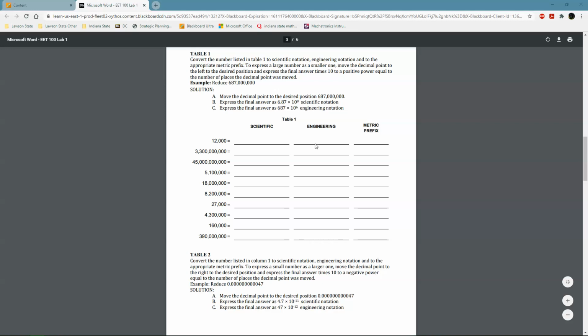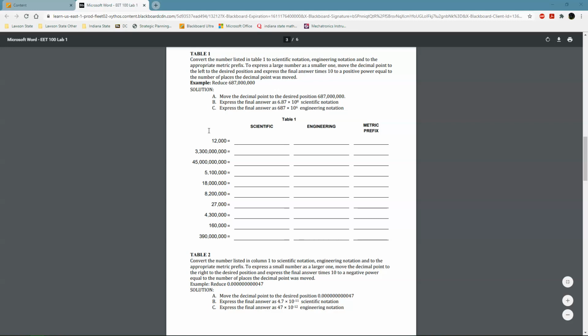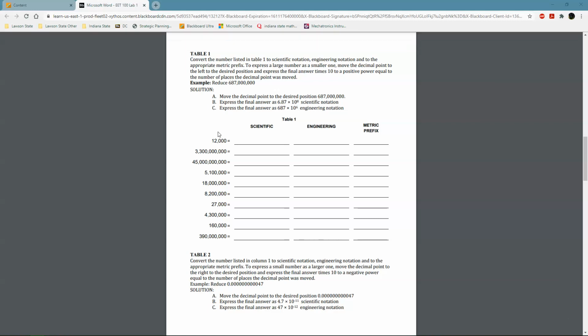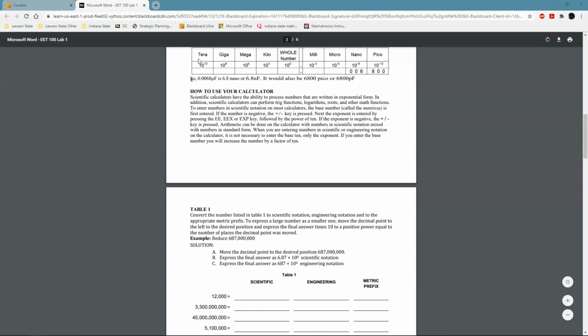Then you're going to give me the engineering portion of this, so for the first one, it'd be 12 times 10 to the third. Lastly, you'll give me your metric prefix. If you don't remember your metric prefixes for a bit, that's fine. I've got a table up here. So for this one, it would be 10 to the third. Look up to this one, and you see that's kilo.